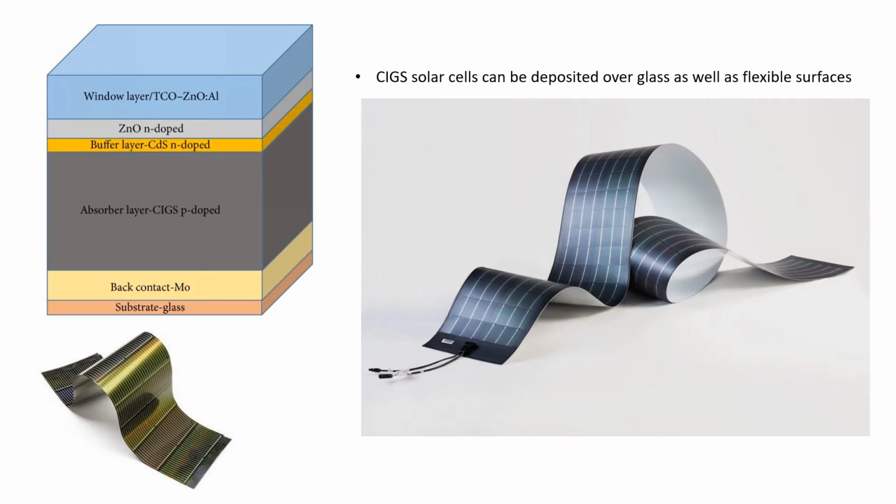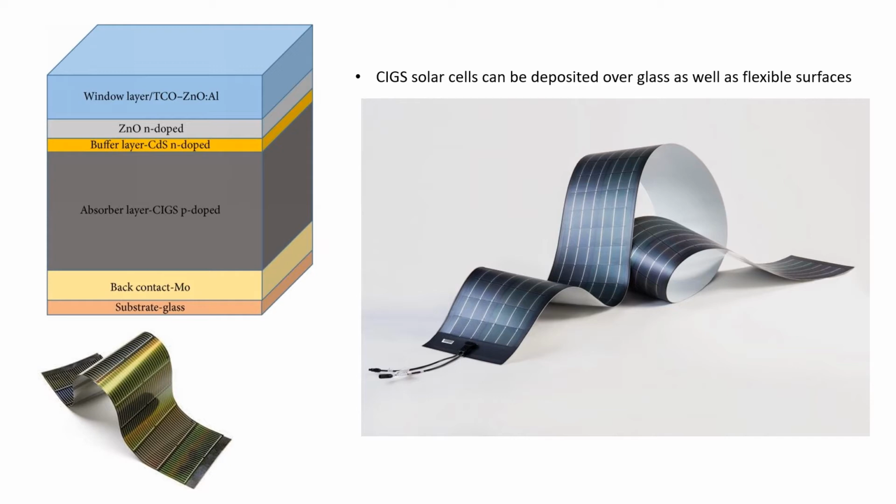Here is a schematic representation and some models of CIGS solar cell modules. The first picture is the CIGS cell deposited over a glass substrate. For this, a back contact molybdenum layer is required.